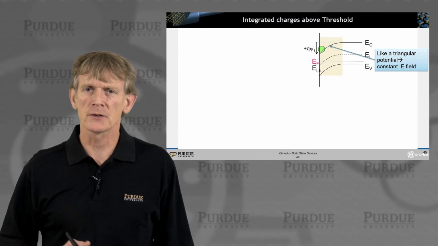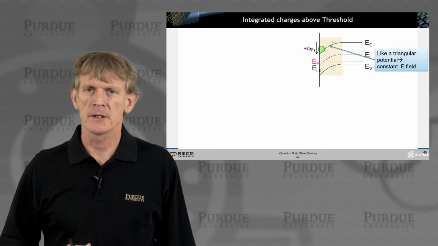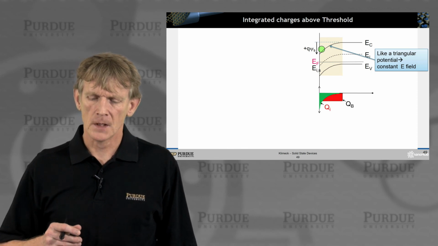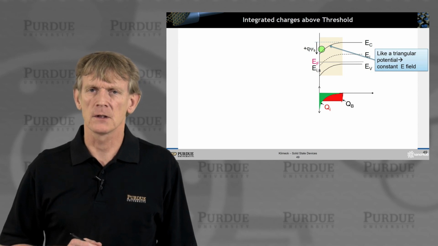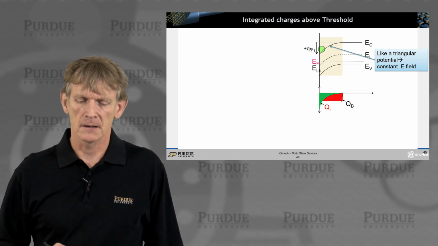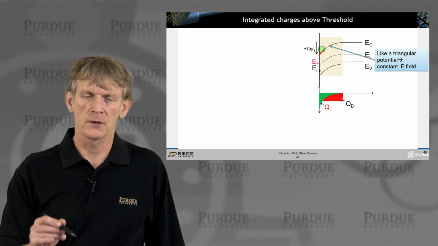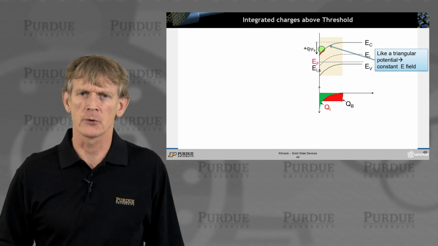Okay, so this looks very much like a triangular potential well, which means you have a constant electric field, and the acceptor charge in the depletion region approximation looks like a square, and you can imagine that you will have an exponentially distributed charge of free carriers, inversion carriers, sitting in the inversion channel.